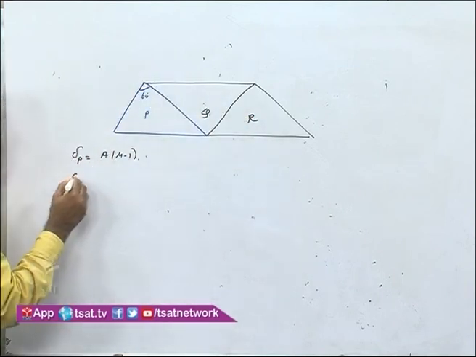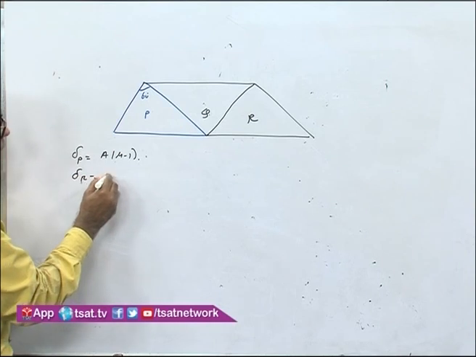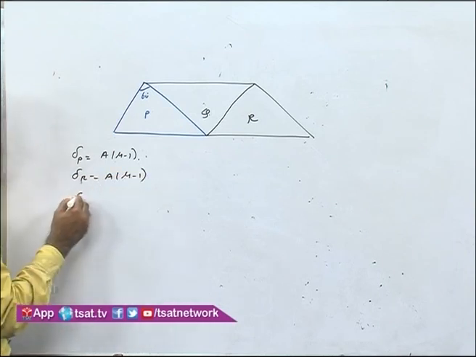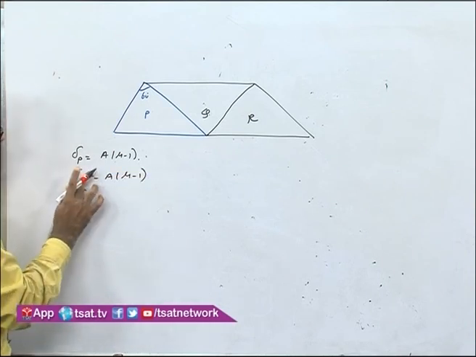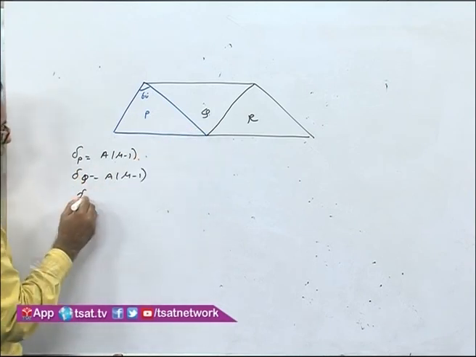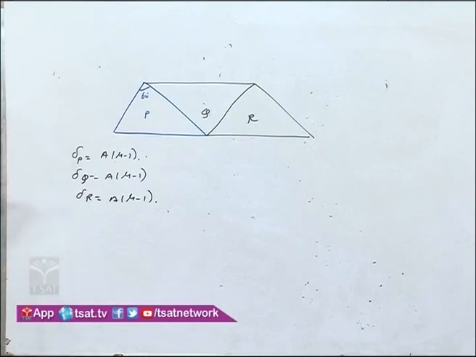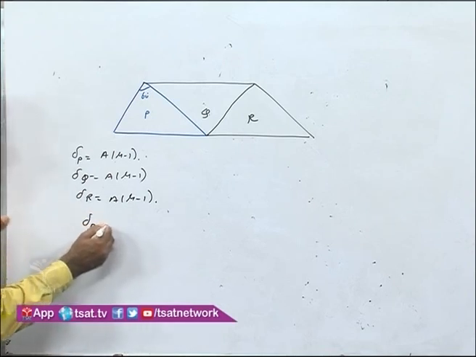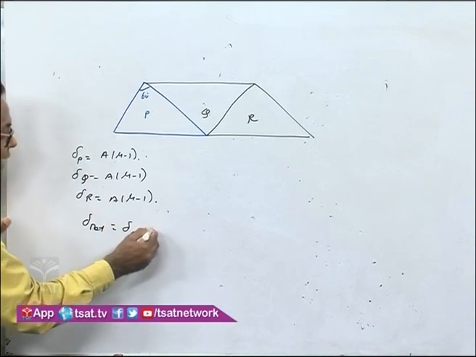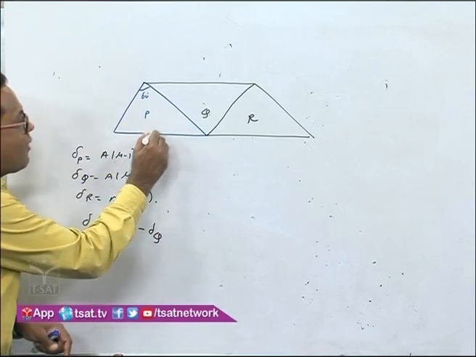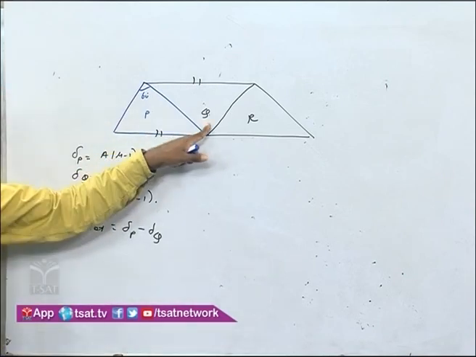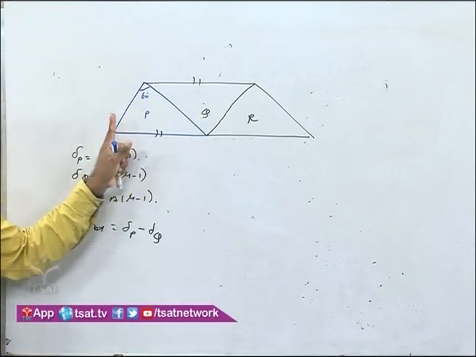So the deviation of R will also be A into mu minus 1, and the deviation of Q will also be A into mu minus 1. Whatever it be, the deviation will remain the same. So what is the net deviation? The net deviation will come out to be del P minus del Q, because the bases are opposite. The Q prism is kept in the opposite direction to that of P and R.